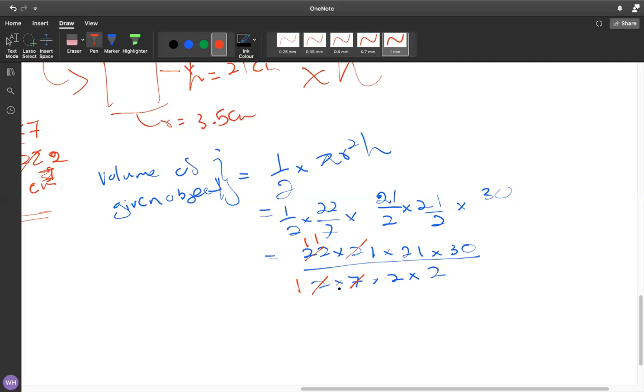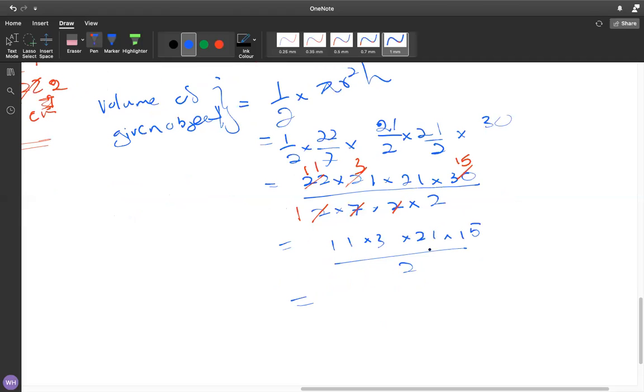Okay, so finally 11 times 3 times 21 times 15 upon 2. Simplify: 33 times 21 times 15 upon 2.